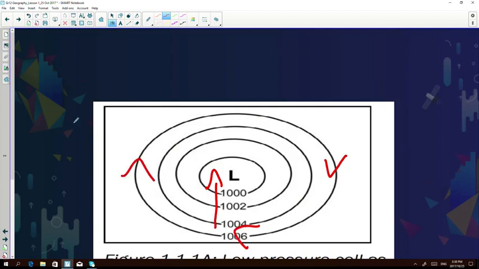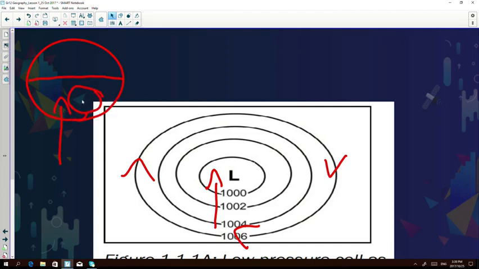Now, just to keep in mind, if I can quickly draw a globe over here, we are situated in the southern hemisphere, and these low pressure systems will turn clockwise.